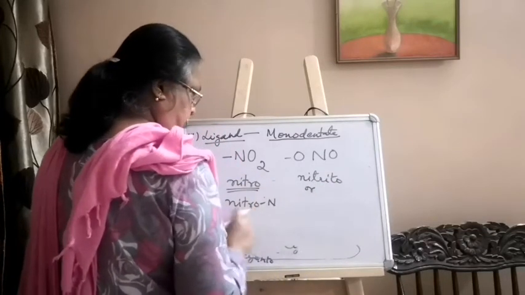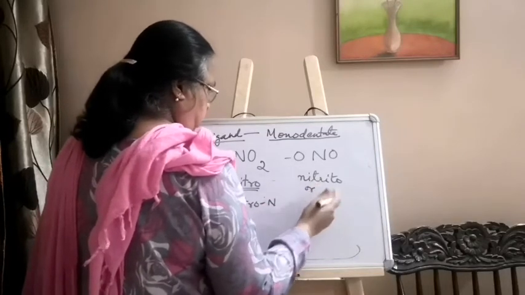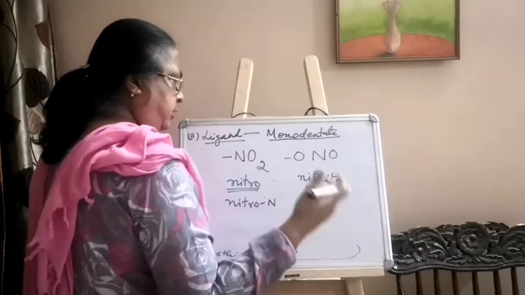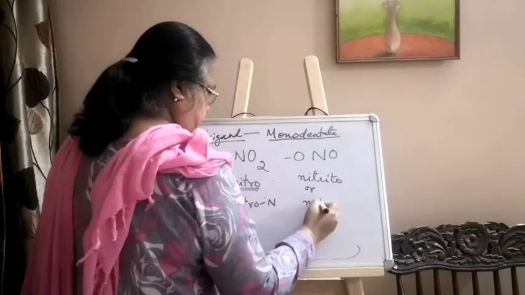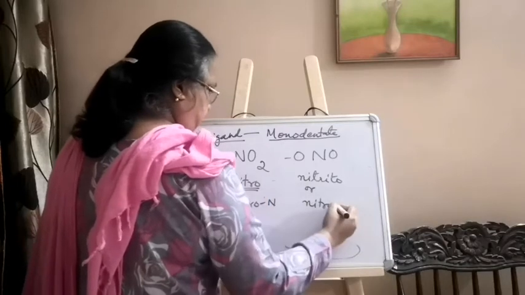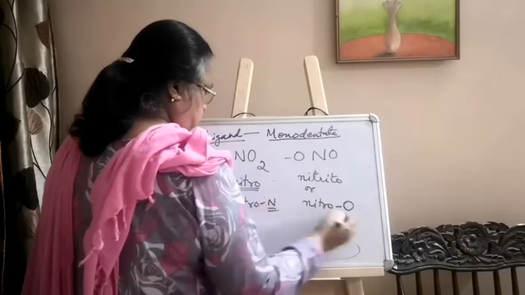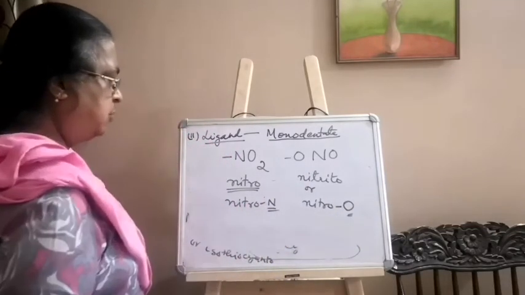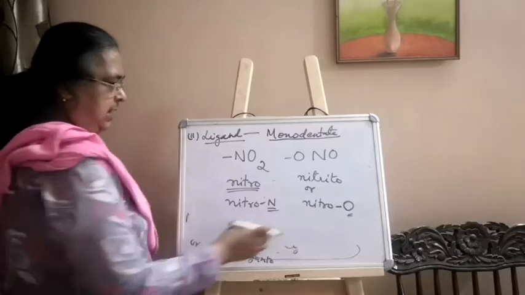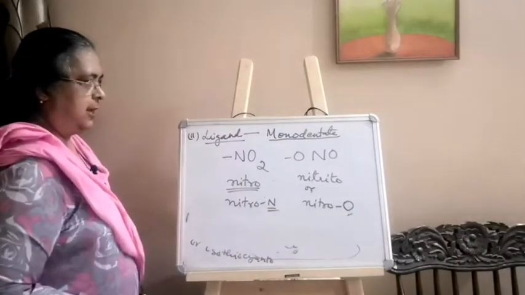You will have to write nitro-N, and when you write nitrito, it is understood that the bond is through oxygen. But if you are writing it as nitro, then you will have to write it with a hyphen N or O. The atom symbol which you write should be capital, and the name and the symbol will be separated by a hyphen.